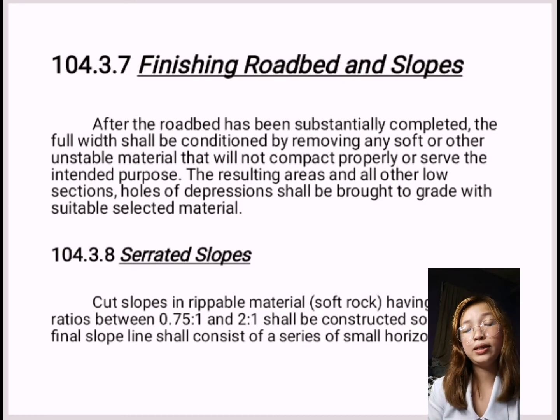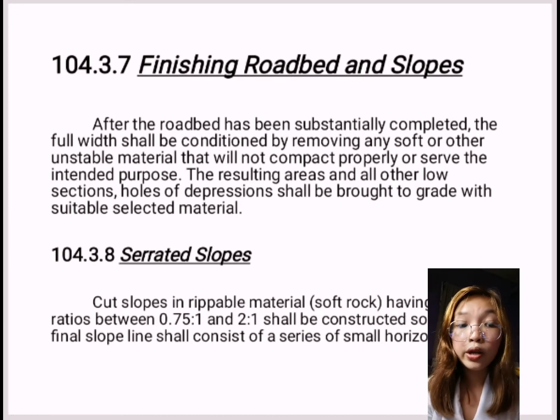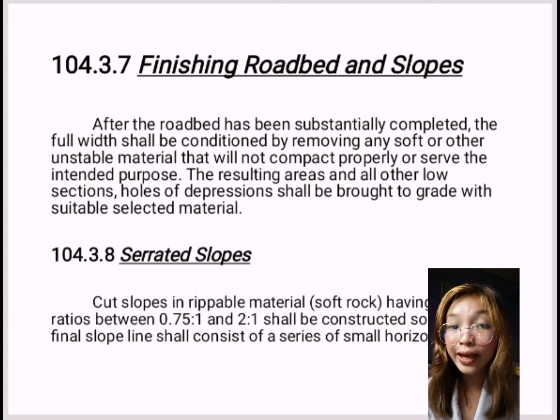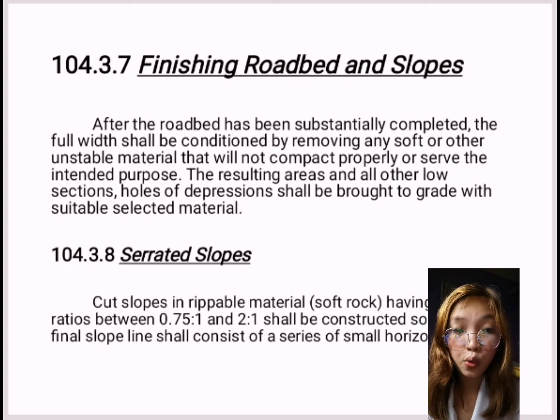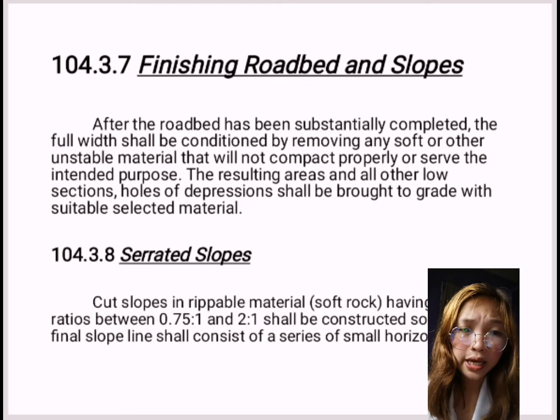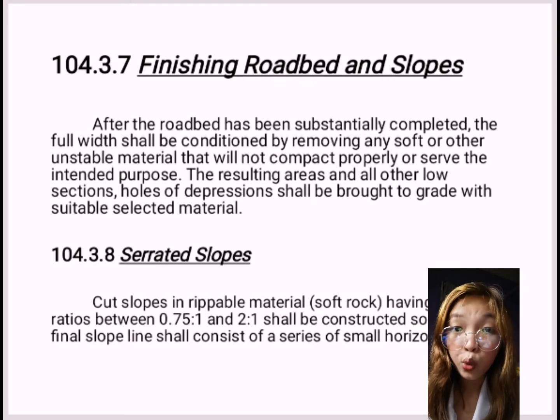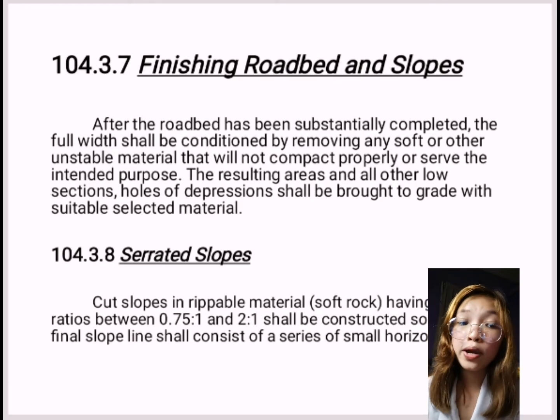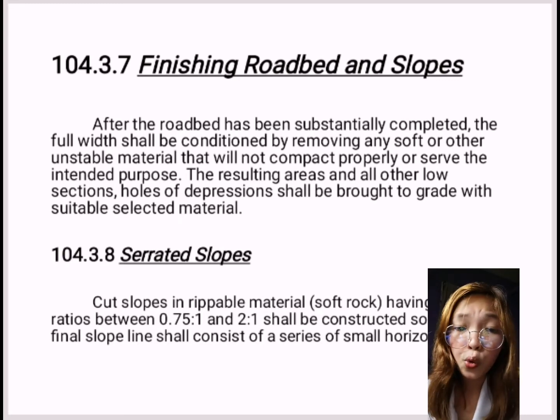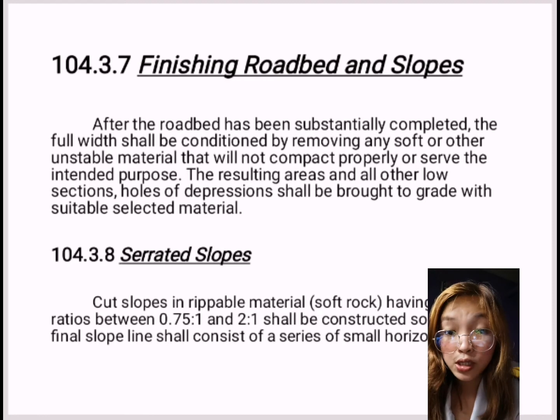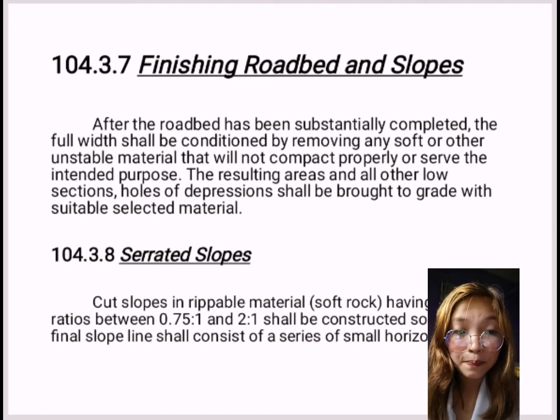So, next is item number 104.3.8 or the serrated slope. So, cut slopes in rippable material or soft rock having slope ratios between 0.75 to 1 and 2 to 1 shall be constructed so that the final slope line shall consist of a series of small horizontal steps.